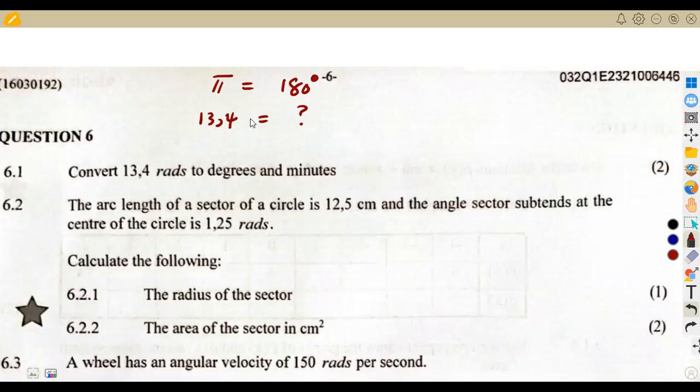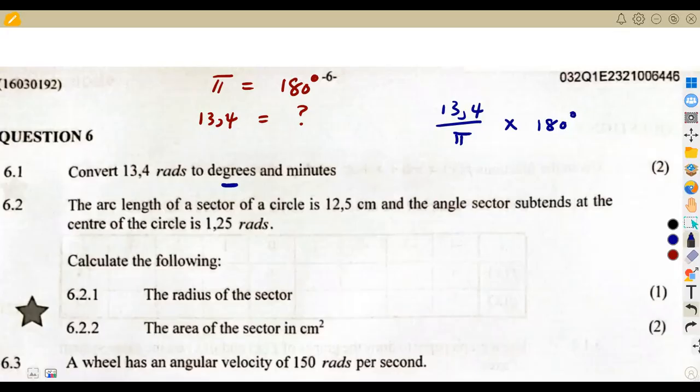So it can be just a simple proportion that you can make. So it's going to be this one over this. What we want to calculate is the one that you write on top. So it's going to be 13.4 on top over pi times the angle in degrees, because you're supposed to convert to degrees.